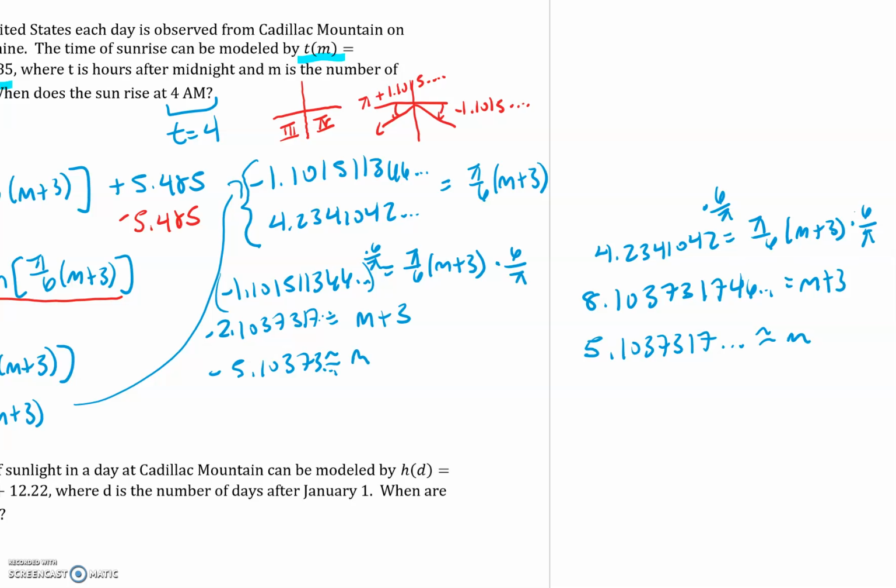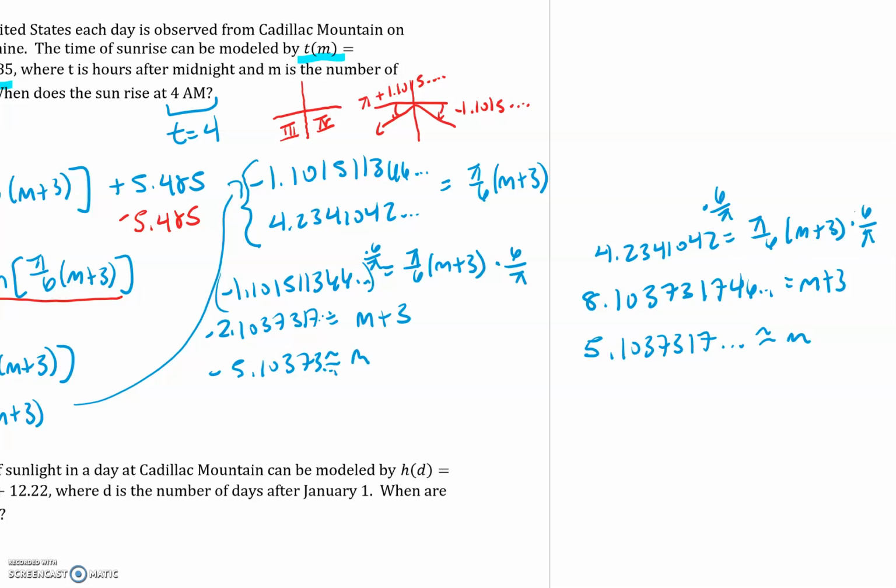And now in our application, we have to do one last bit of critical thinking. We have to think, okay, what does this mean? So remember, m is a number of months after January 1st. So if we're going backwards, this means we want to go a little over 5 months before January 1st. So count your way backwards. January, December, November, right?